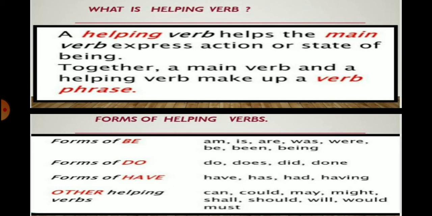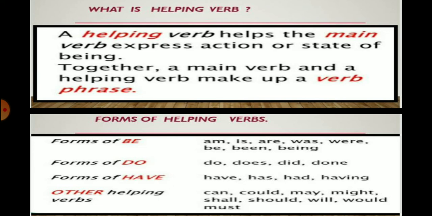And the other helping verbs are shall, could, may, might, should, can, will, would, and must. The be forms are am, is, are for the present tense, and was and were for the past tense. Do and does for the do form for present tense, and did and done for past tense. Have and has for have forms, and had for the past, and having for also the present.